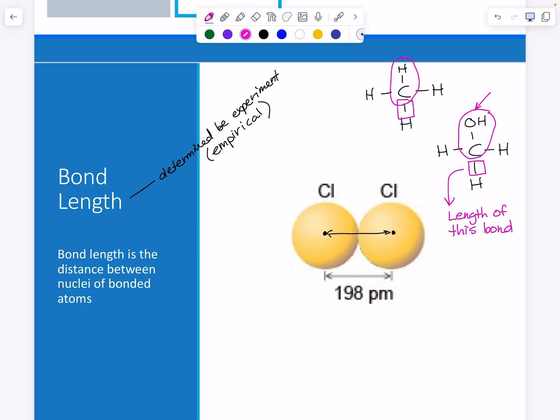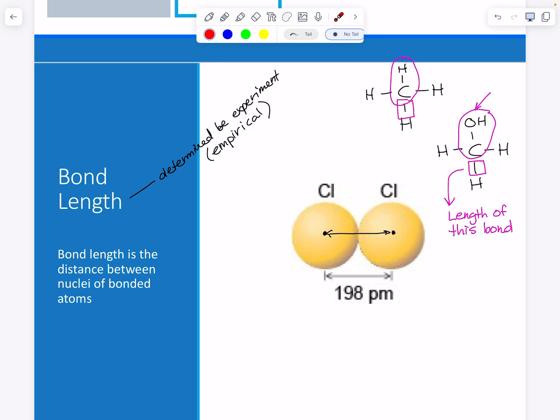If we're following our periodic trends, electron affinity is increasing as we go to the right. So oxygen is pulling on electrons more, and that's going to affect this carbon that's bonded to this hydrogen.